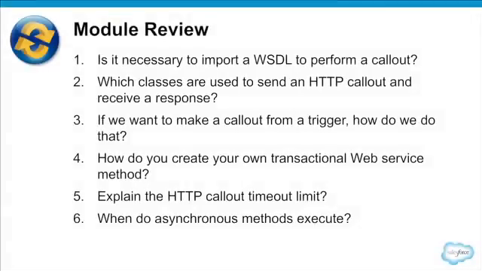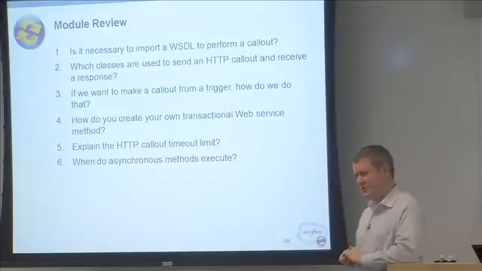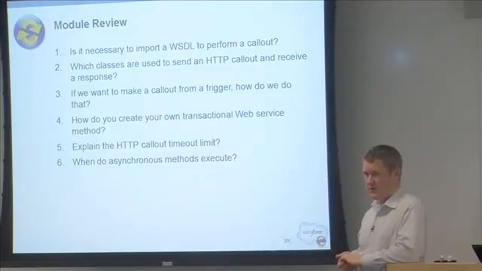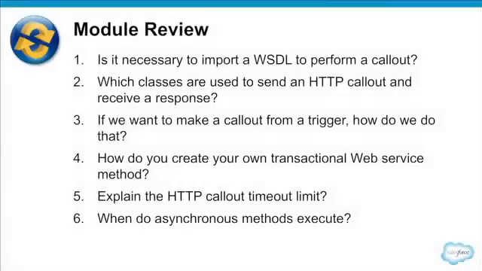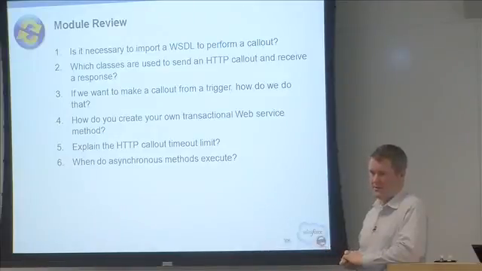How do you create your own transactional web service method? This one is referring back to a feature that we talked about associated with DML earlier. If I'm going to create a custom web service, what other thing could I use in conjunction with that? Well, the web service keyword, and if it does have an uncaught exception, then the entire transaction will be rolled back.